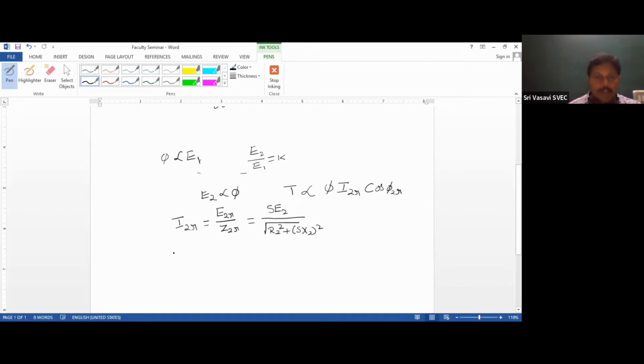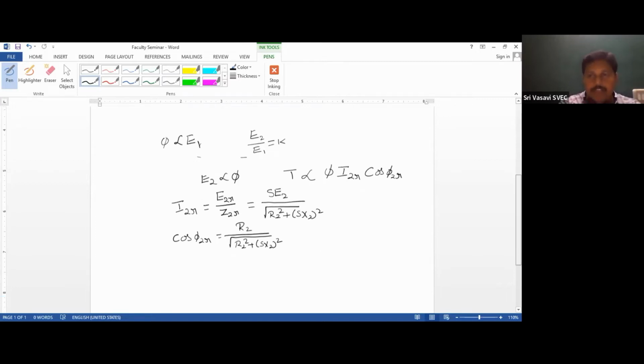Cos φ2R is the rotor power factor in the running condition, and cos φ2R equals R2 by Z2R, so R2 by root of R2 square plus SX2 whole square.